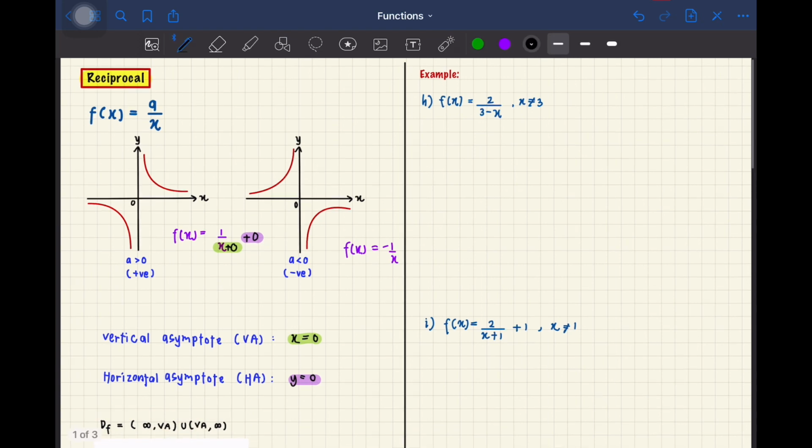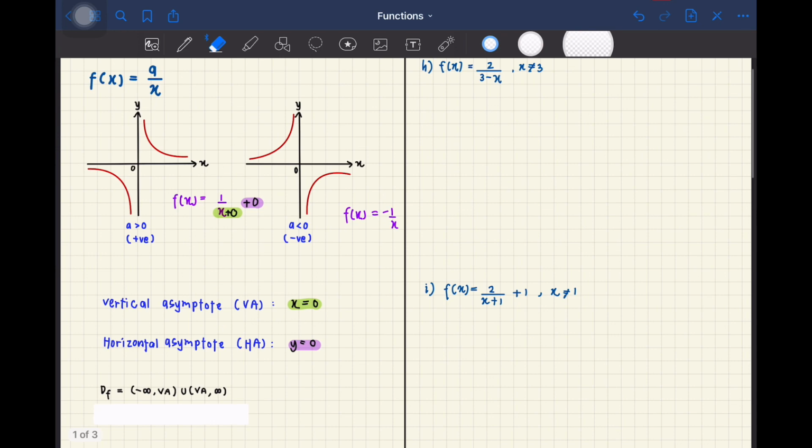So this one saya tertinggal negative. Okay, and then what about our range? So range pun sama. So dia akan stop pada horizontal asymptote sahaja. Selain daripada itu, dia akan teruskan je. So hence our range is gonna be from negative infinity to horizontal asymptote and from horizontal asymptote to positive infinity.